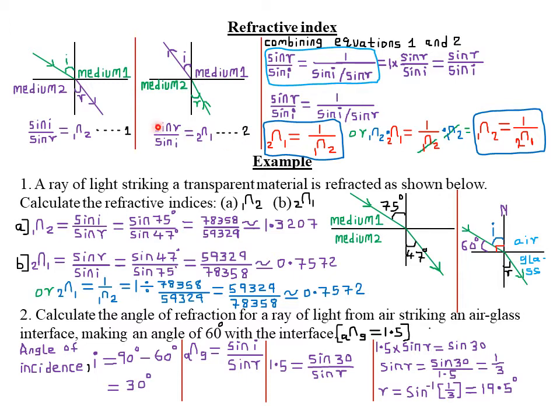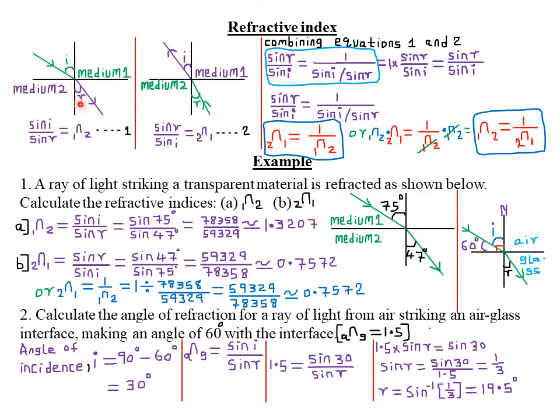The reason why we are talking of sine r divided by sine i in this particular case is because now the ray is moving from downward towards the upper direction. Therefore, r becomes our angle of incidence because the ray is coming from this particular point. But in the previous case, that was our angle of incidence because the ray was moving from the upper point towards the normal, and then from the normal it emerges downward. So for that case, this was the angle of incidence and this was the angle of refraction.